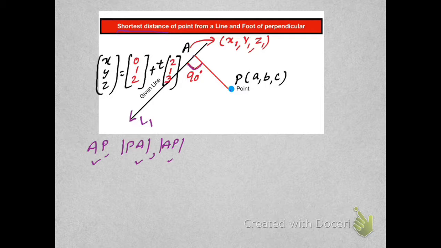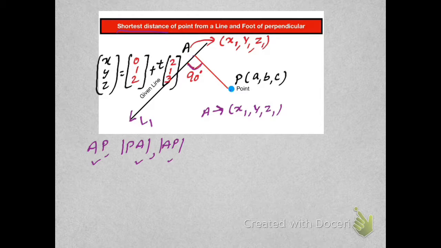First of all, if you want to know vector AP, you should know the coordinates of A, which I have assumed and which will not be given to you. So x1, y1 and z1.